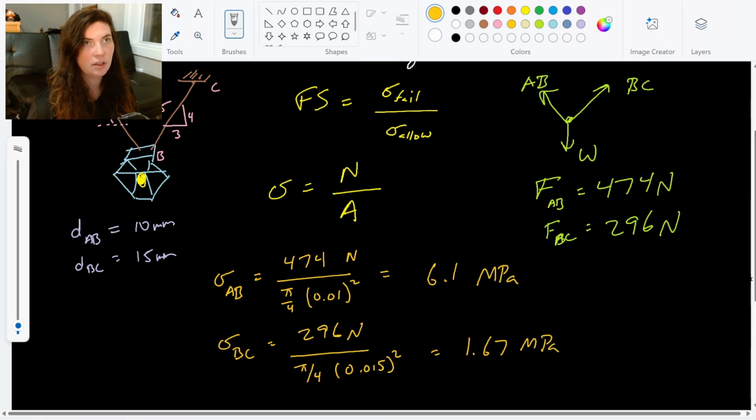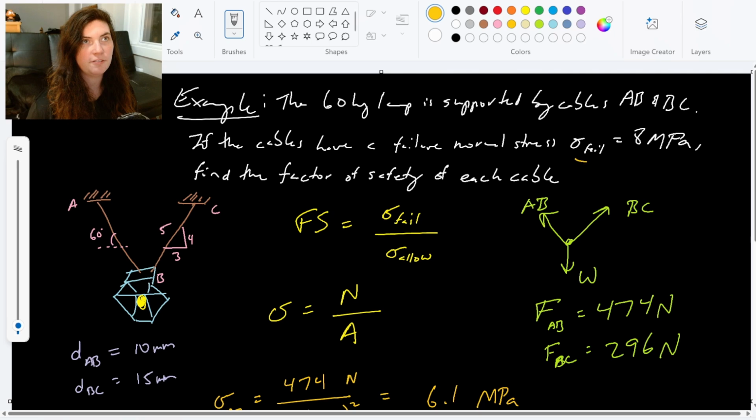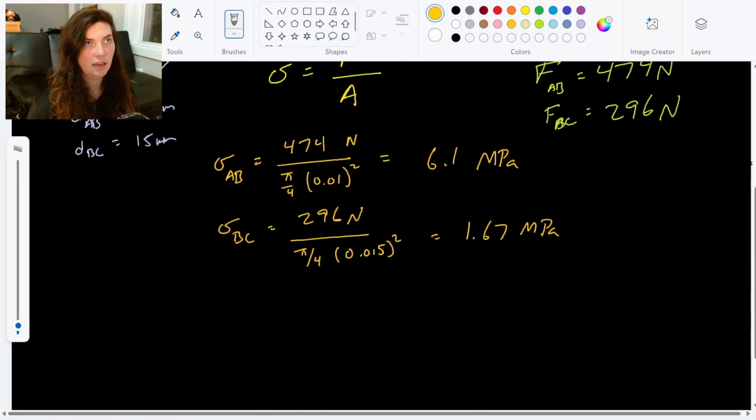megapascals. So it told me that my failure normal stress is 8 megapascals, which I gotta say is a little bit close to our AB guy here. It sounds like it's getting pretty up there. When I calculate this safety factor, the failure stress over the actual or allowed, in this case our actual stress is experiencing, is going to be 6.1.